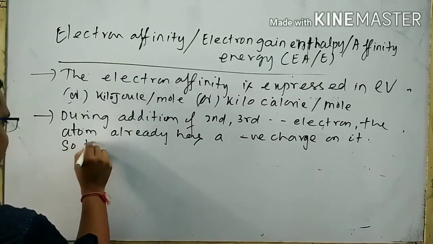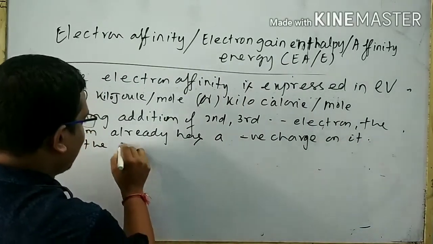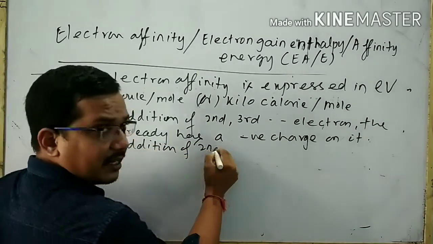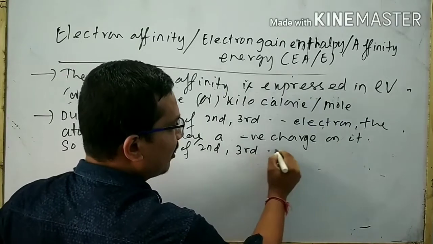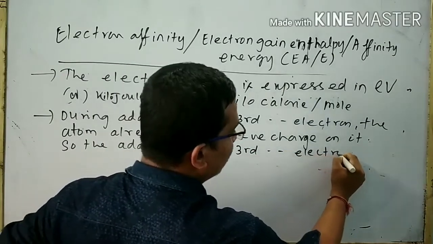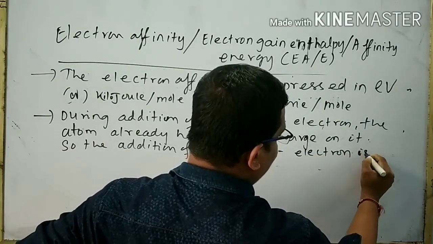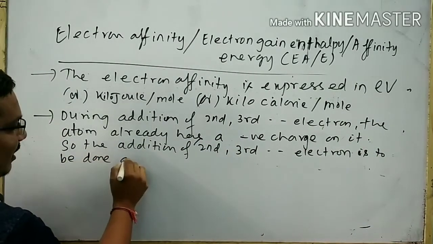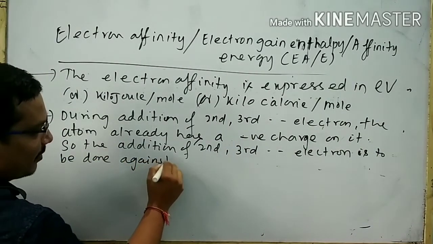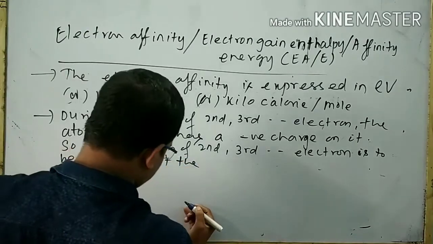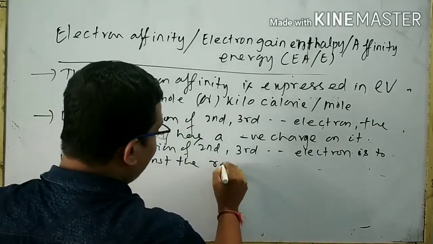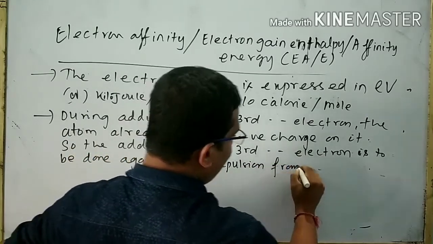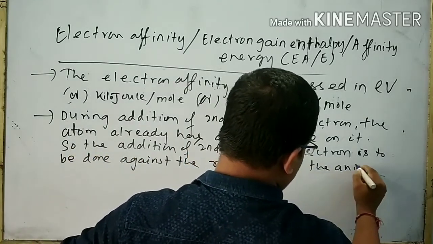So the addition of the second, third order electron has to be done against the repulsion from the anion.